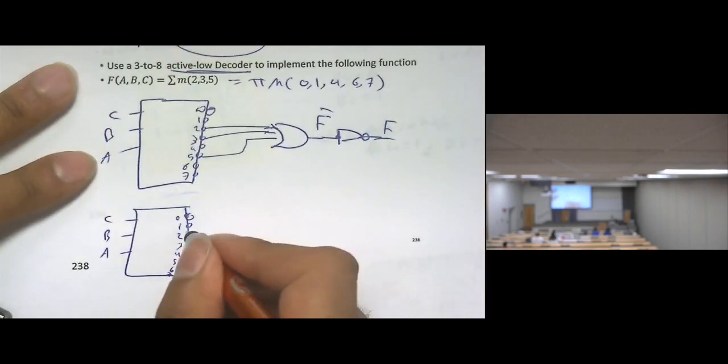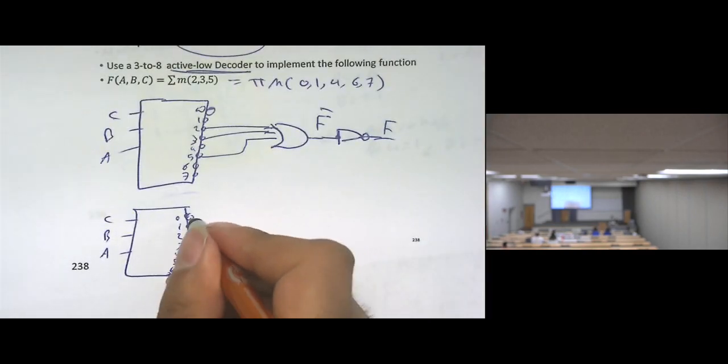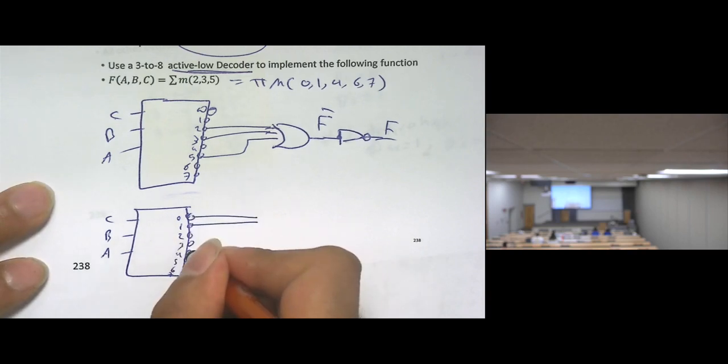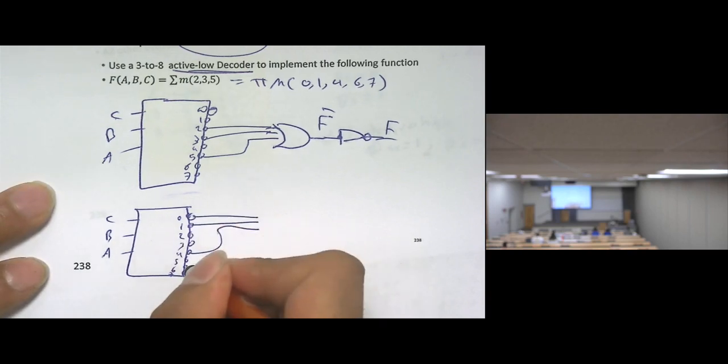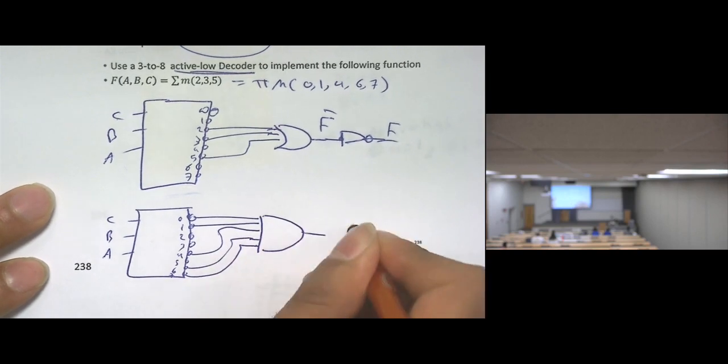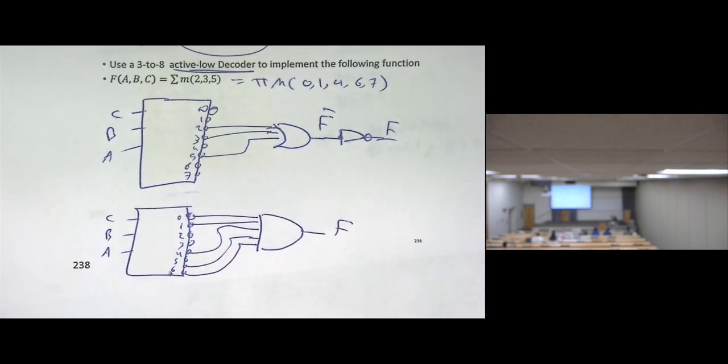Then now it's going to be M, whereas here is 0, here is 1, here is 4, 6, 7. Then make them AND. This is F. Again, this is valid if and only if I'm in active low. Is that understood? Any questions?